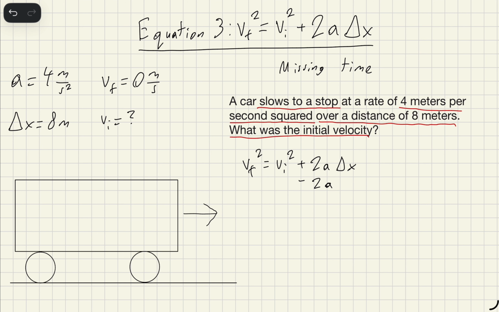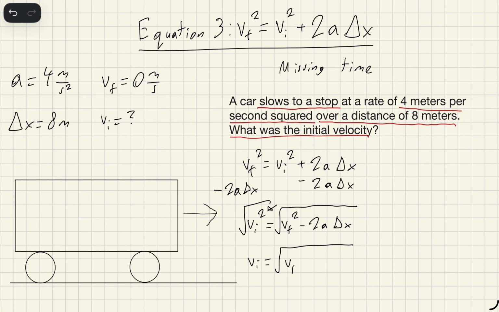Let's subtract this from both sides so that we end up with initial velocity squared equals final velocity squared minus 2a delta x. And then we can take the square root of both sides to get rid of the square there. We have initial velocity is equal to the square root of final velocity squared minus 2a delta x.